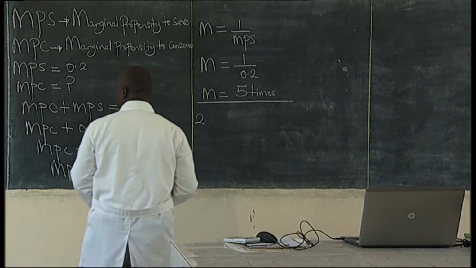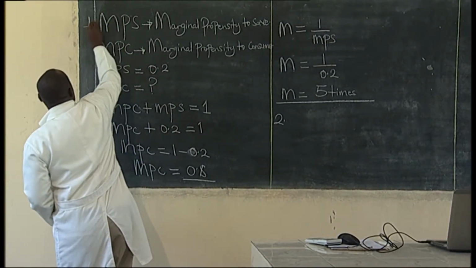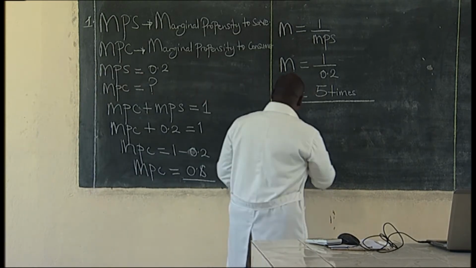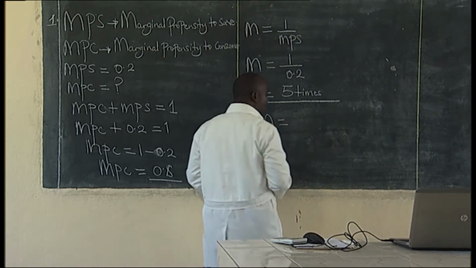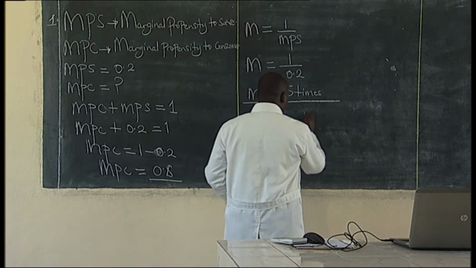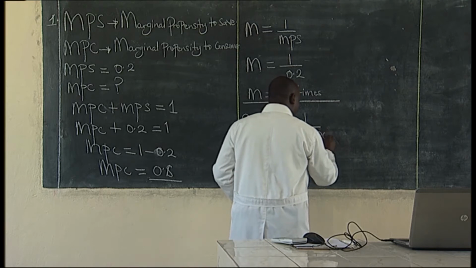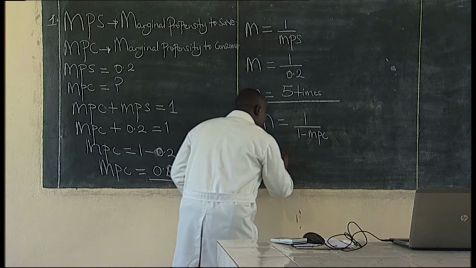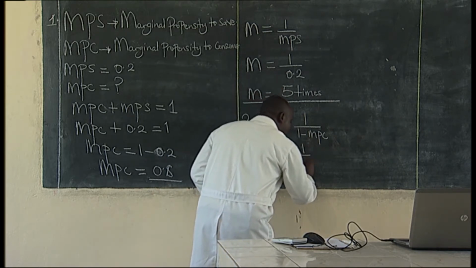To get the multiplier given marginal propensity to consume, it is 1 divided by 1 minus marginal propensity to consume.